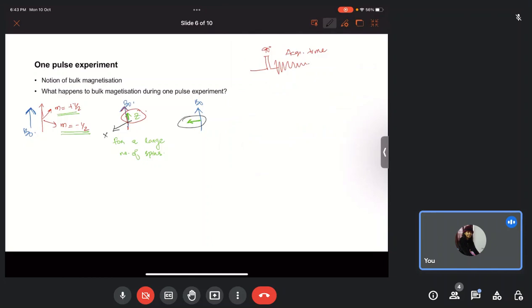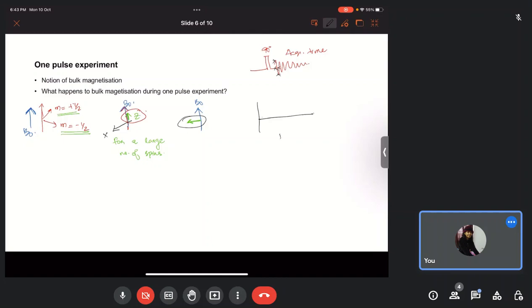This is the magnetization we are going to detect, and it will be detected by the coils in the transverse axis, which detect the magnitude of the magnetization at every time point, at one time point, another time point, by plotting the intensity in the time domain.